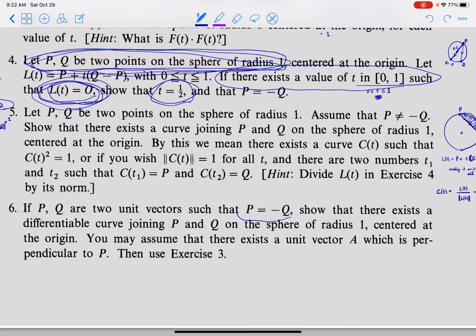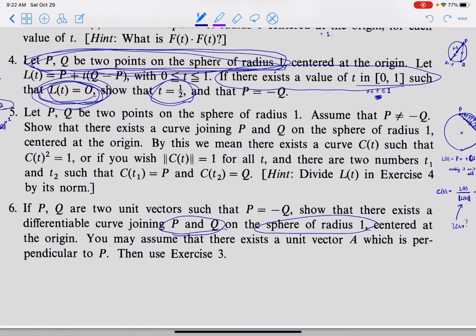Now we're going to show that even if they are on opposite sides, there still exists a curve joining p and q that stays on the sphere. It's just that we can't use this formula anymore because we'd be dividing by 0 if they're on opposite sides.